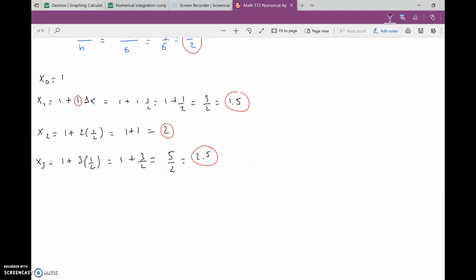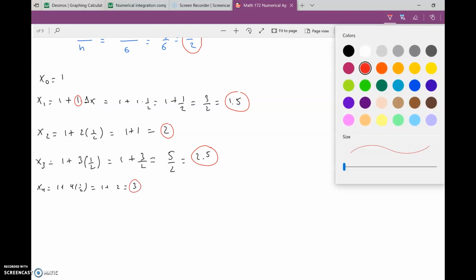Okay, next value, it's going to be our x of 4. This is going to be 1 plus 4 times 1/2, or 1 plus 2. I'm getting 3 for the next one. I see a pattern, but let me just calculate all of them.